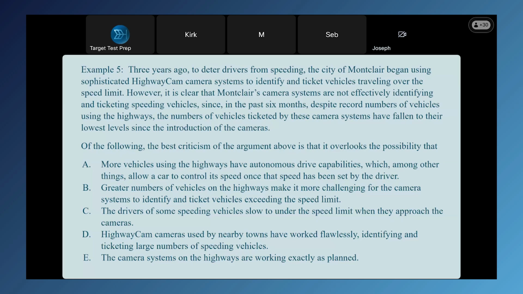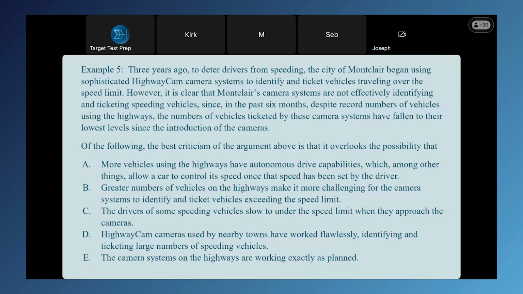B, greater numbers of vehicles on the highways make it more challenging for the camera systems to identify and ticket vehicles exceeding the speed limit. So if this were true, then that would offer us a reason as to why the camera systems aren't effectively identifying and ticketing speeding vehicles. Like, the roads are too crowded, so the cameras can't really see all the vehicles.